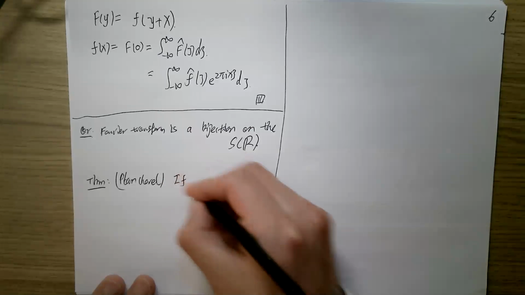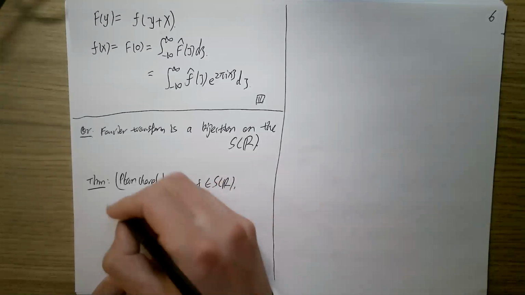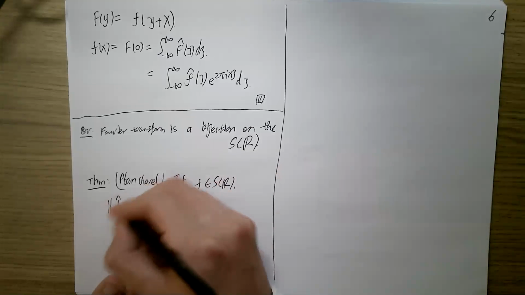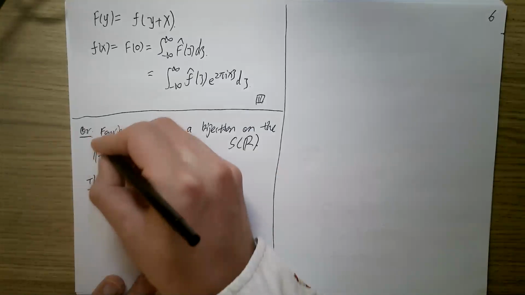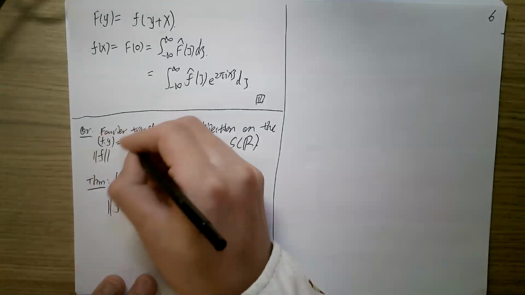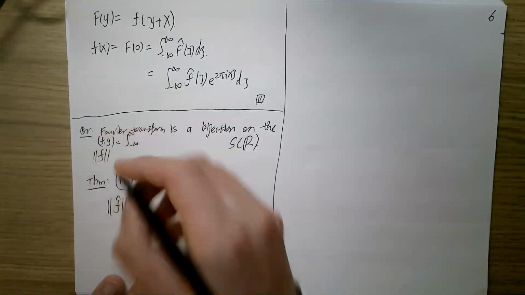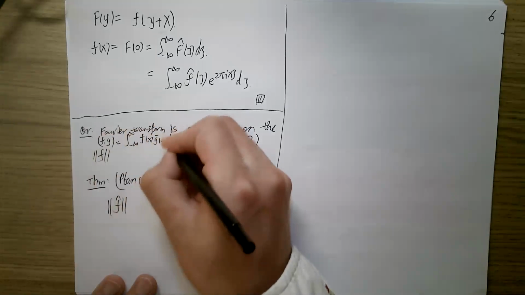That is, if f is a Schwartz function, then, as we define for f and g, you can define the inner product of these two functions on the Schwartz space as the integral of f(x) g bar.